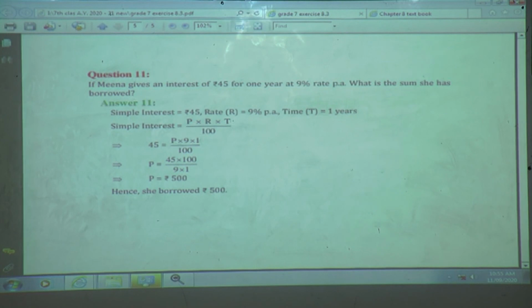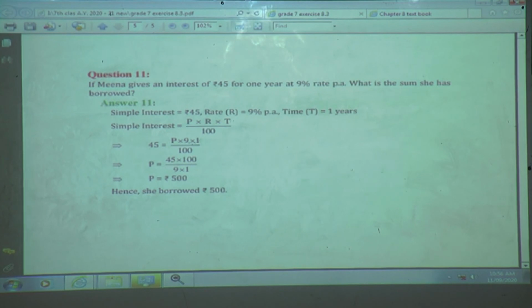So after substituting these values, now if you get this equation, you can find out very easily, because here we are finding P as a variable, which is nothing but the principal amount. So P we will take to the left hand side. P is equal to, just multiply the numerator and denominator, that is 45 multiplied by 100, and 9 multiplied by 1, which is in the numerator will be in the denominator.